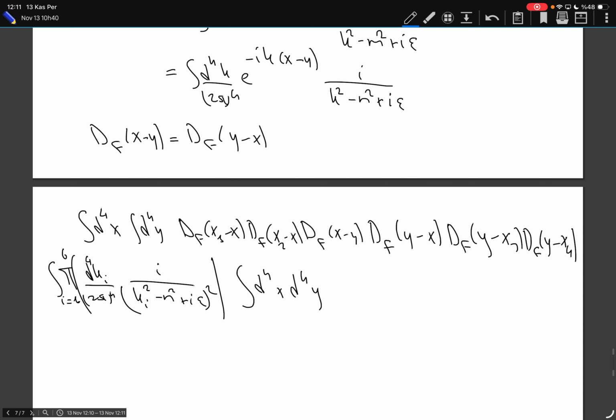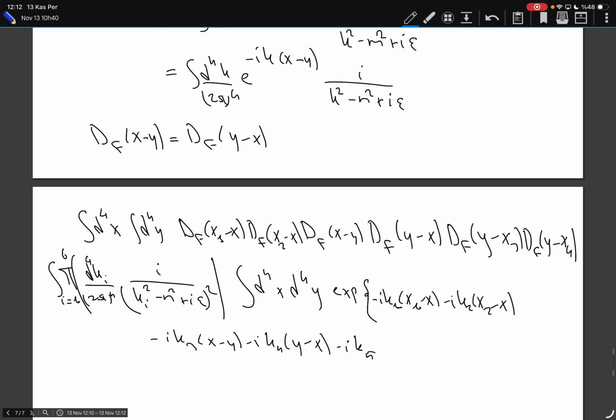Then I have the exponents: minus i k1 (x1 minus x), minus i k2 (x2 minus x), minus i k3 (x minus y), minus i k4 (y minus x), minus i k5 (y minus x3), minus i k6 (y minus x4).